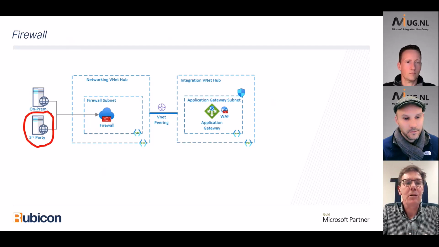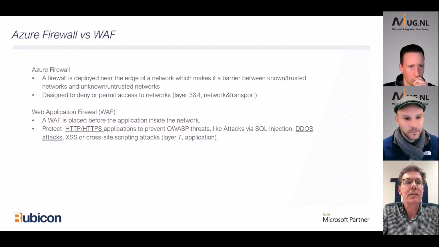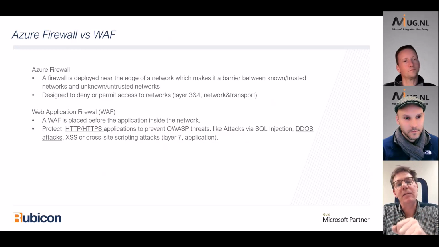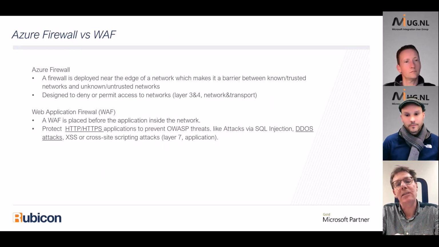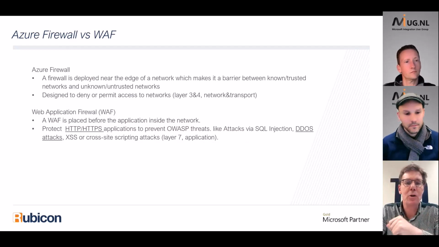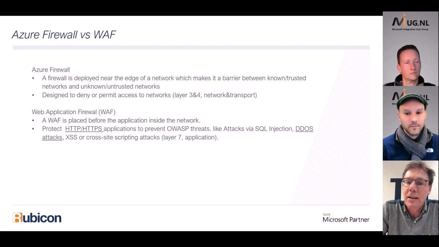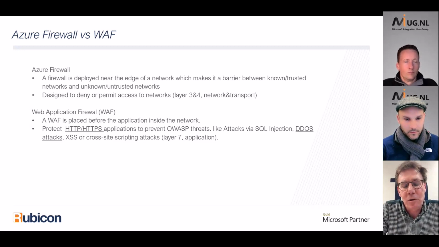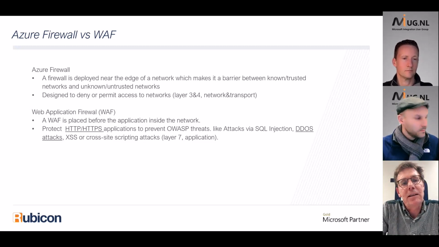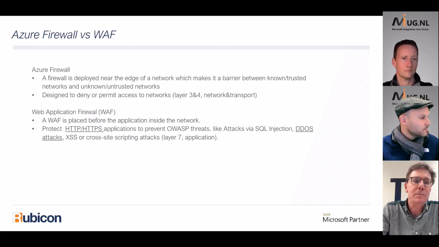So I will go to the next slide. If it acts at the application layer, you can protect against all kinds of OWASP threats, like SQL injection, DDoS attacks, cross-scripting attacks. So that's really the difference between the two.